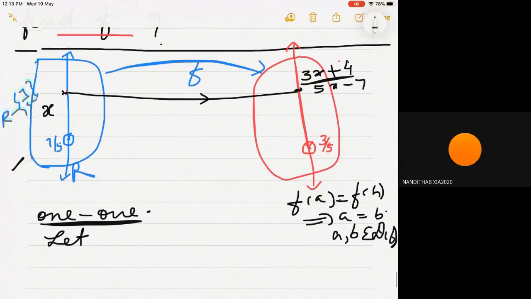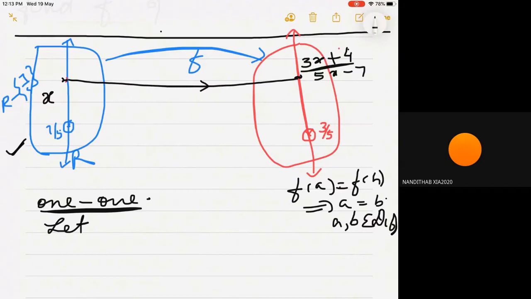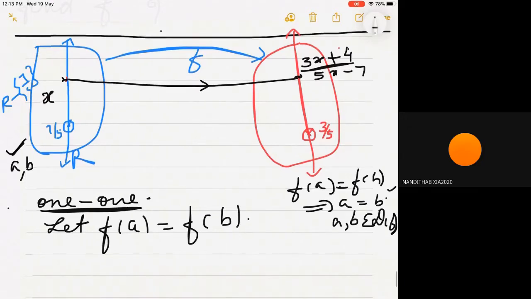So here also we consider it like that. You consider two elements a, b from the domain of the function and you assume that f of a equal to f of b. Now we try to prove that a equal to b.